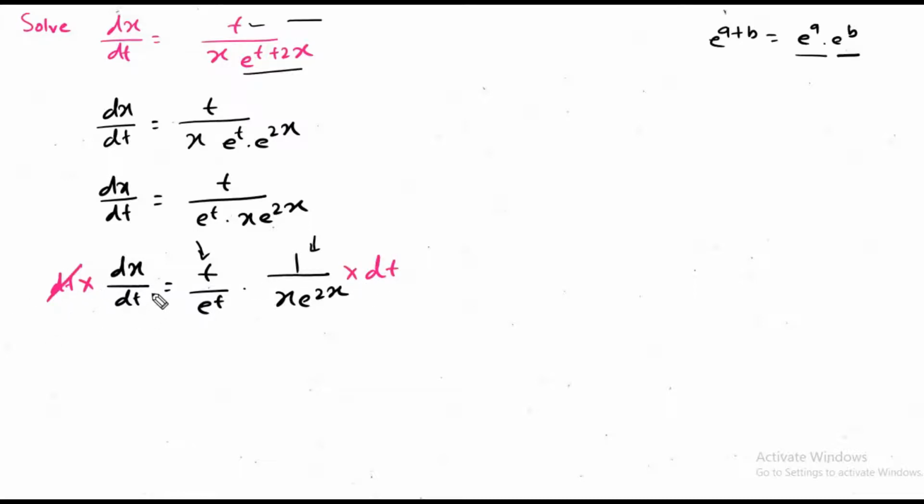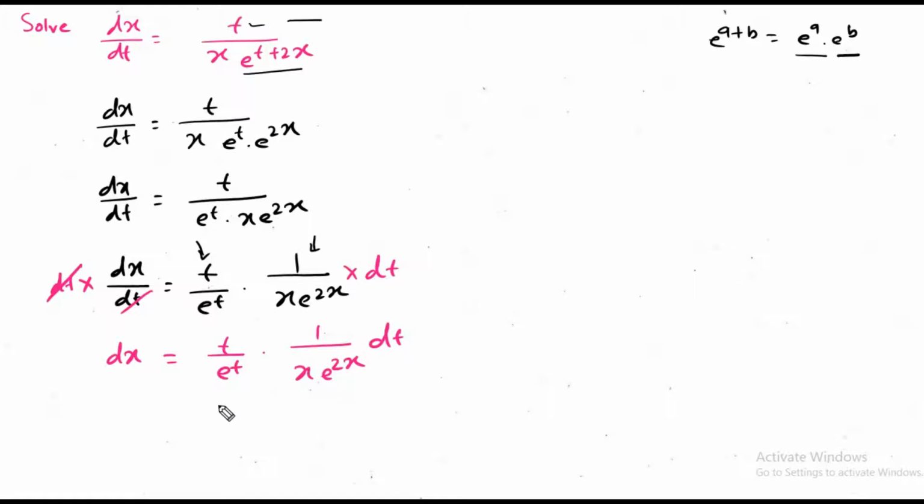so dt and dt cancel out and the equation becomes dx is equal to t upon e to the power t into 1 by x into e to the power 2x into dt.